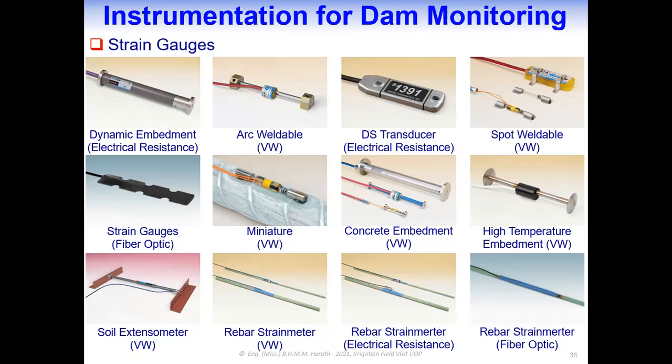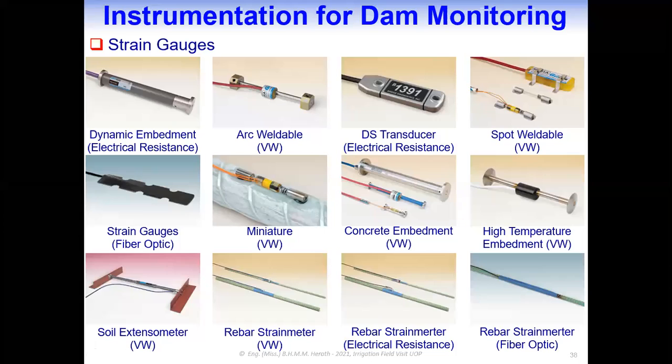As you can see here, there are a few types of embedment strain gauges. We are looking at one example with the strain gauges, and you can see here the dynamic embedment strain meters with electric resistance, and then concrete embedment strain gauges working under the vibrating wire principles, and then high temperature embedment vibrating wire strain gauges.